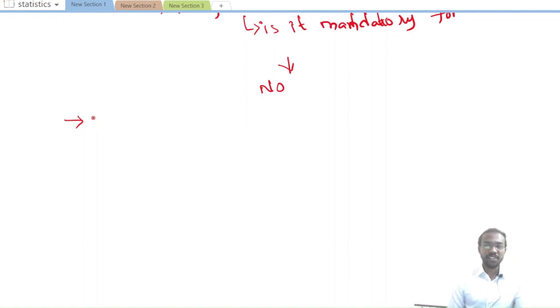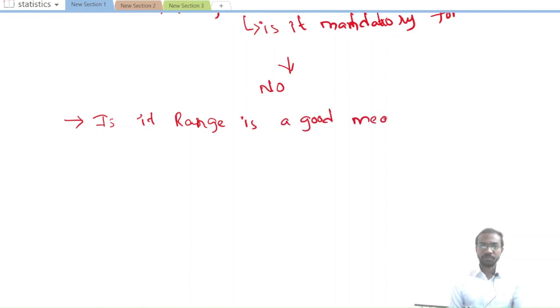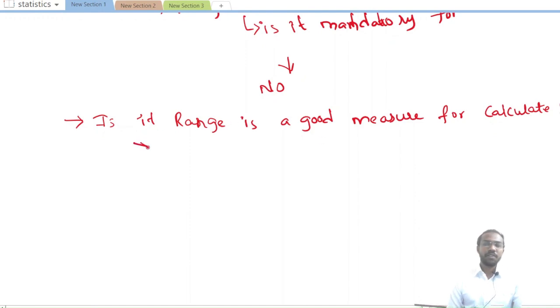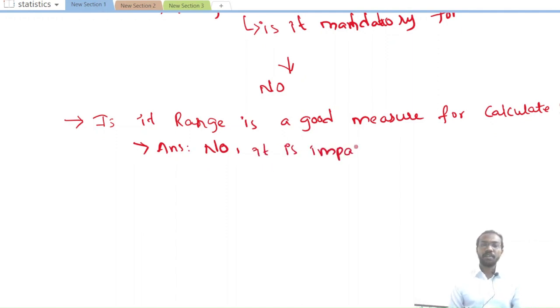Is range a good measure for calculating spread? For this question, the answer is no, because it is impacted or affected by outliers.